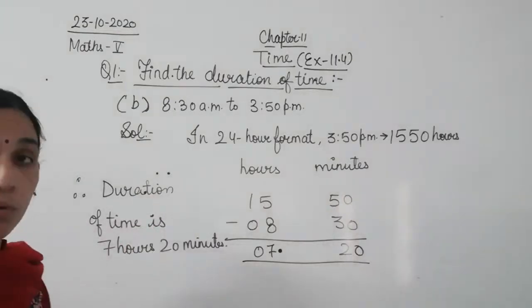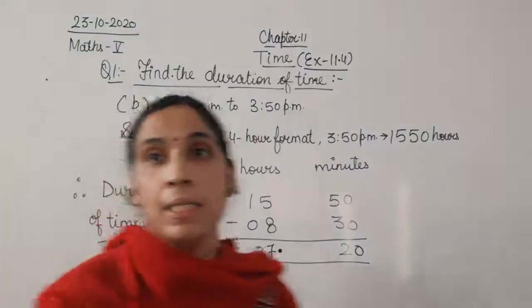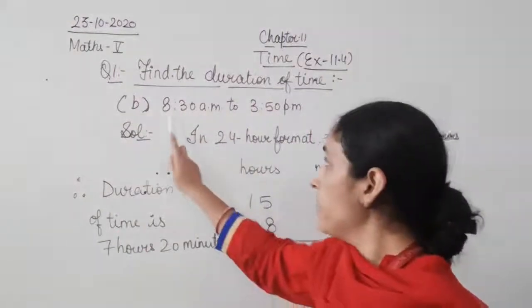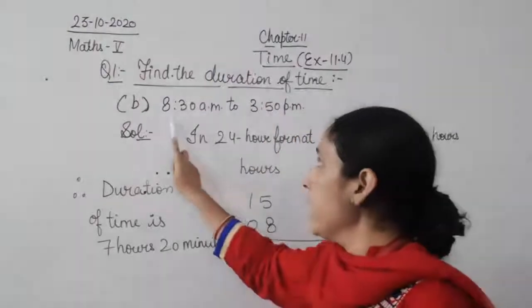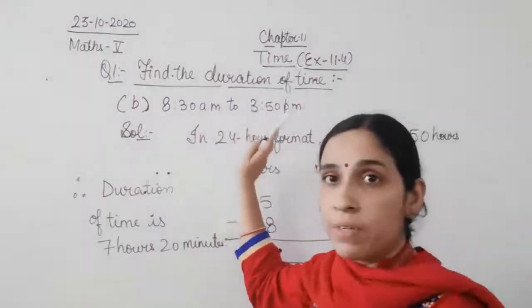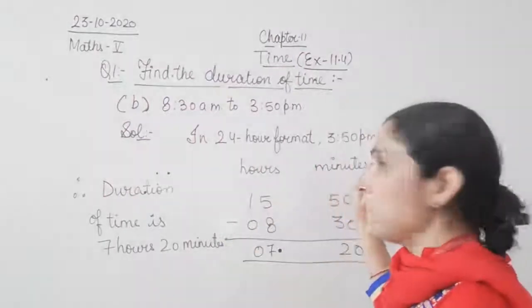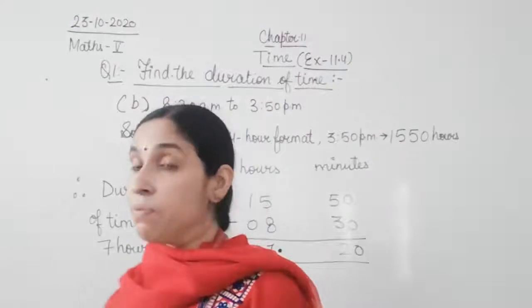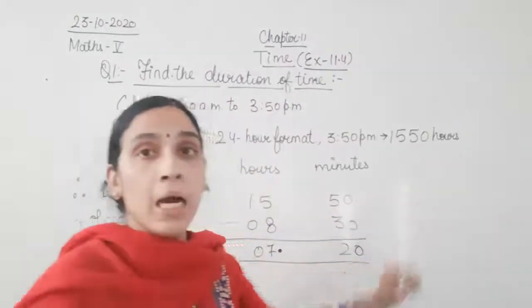Exercise 11.4. 11.3 we have finished yesterday. And what do we have to do in this question? You have been given 8:30 AM. Find the duration of time. 8:30 AM to 3:50 PM. So in 24-hour format, how can we write 3:50 PM? That is 1550 hours.